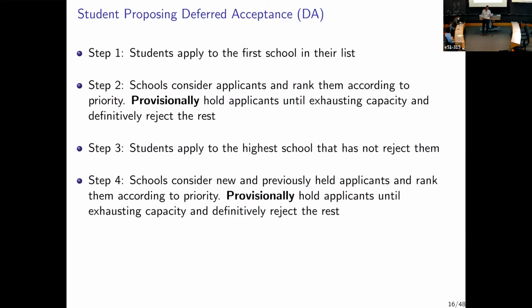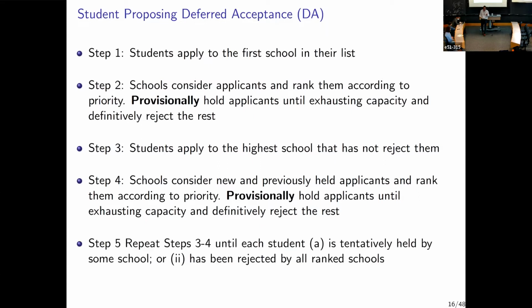Okay, so a student that was accepted, that was not rejected in step 1, can be rejected later on. And then we repeat steps 3 and 4 until every single student is either tentatively held by a school or has been rejected by all the schools that they ranked. Okay, so that's one way to think about deferred acceptance. And for the purpose of what we're going to be talking about today, I want you to remember the word provisionally. That is the key thing that is going to matter when I compare it with immediate acceptance.